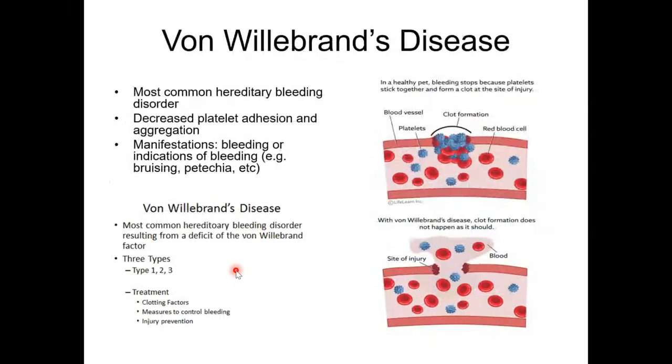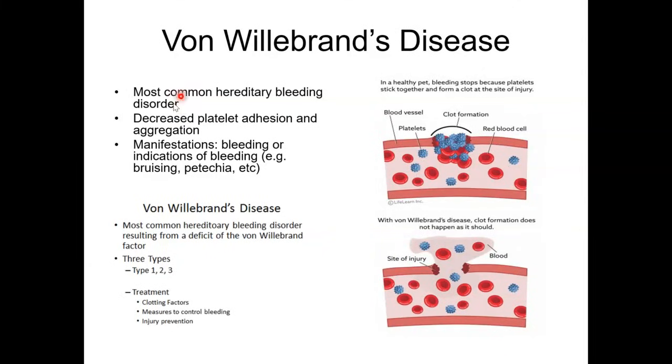The second one is von Willebrand's disease. And von Willebrand's disease is actually the most common hereditary bleeding disorder. Hemophilia is more common to us for some reason, because that's what we've heard about, but it's actually not the most common. Von Willebrand's disease is the most common, okay?